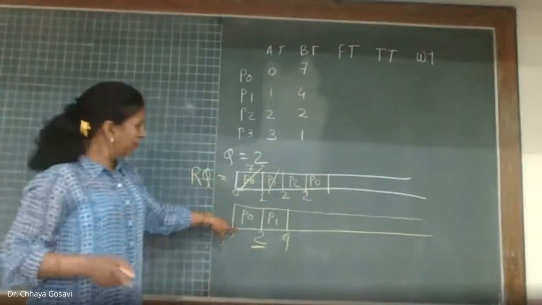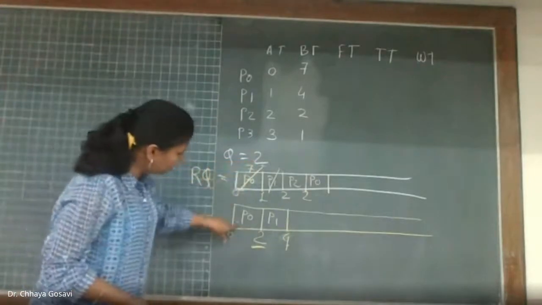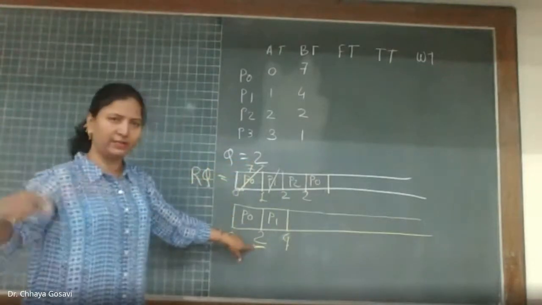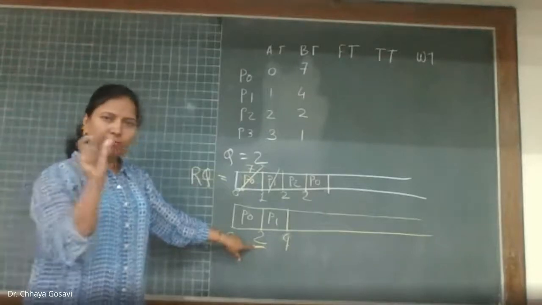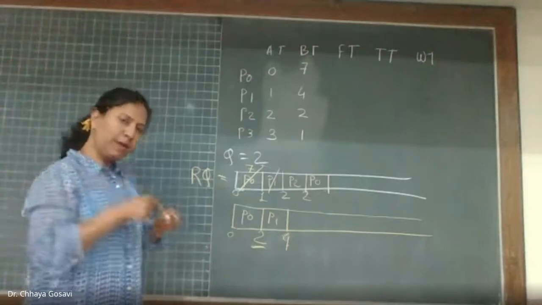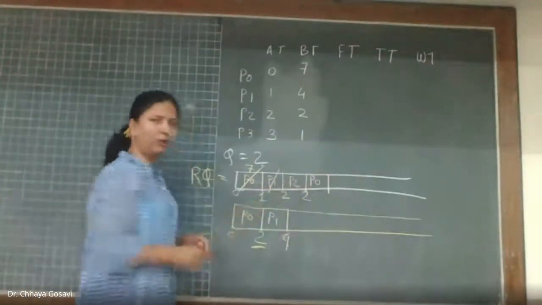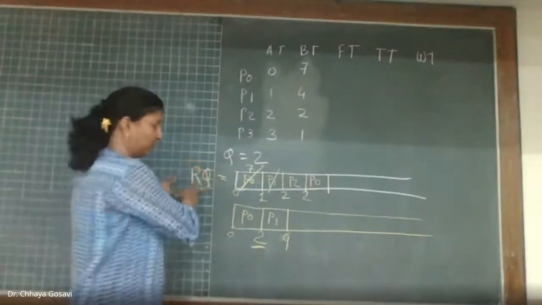Quantum is given 2 time units, so P0 will execute for 2 cycles. Between those 2 cycles where P0 is executing in CPU, in the background P1 arrived at 1 and P2 arrived at 2, in the ready queue.